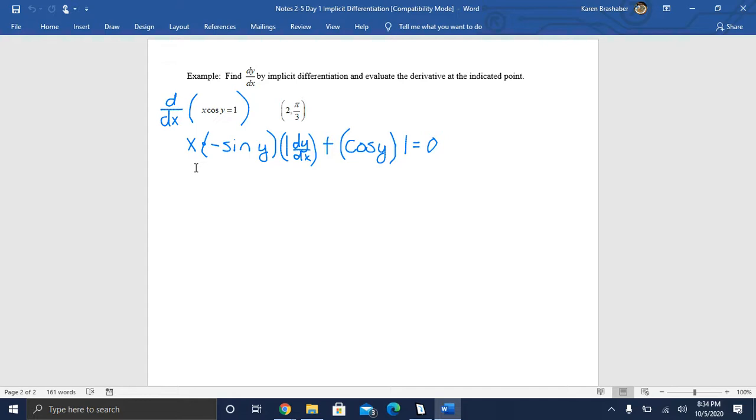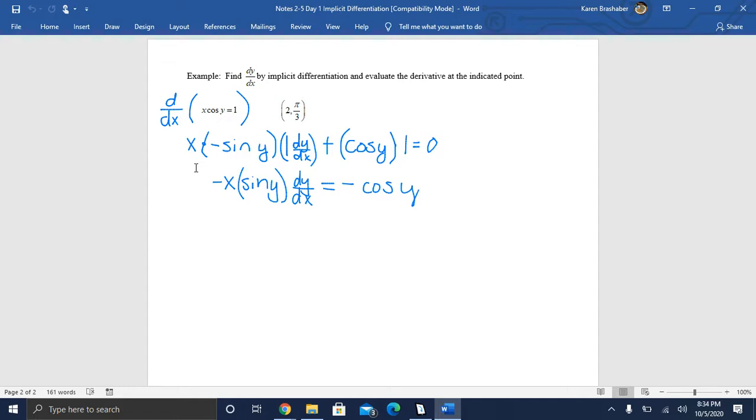But this one does ask us to find dy dx, so we'll have to subtract cosine of y to the other side. So we have negative x times the sine of y times dy dx, and that equals negative cosine of y.